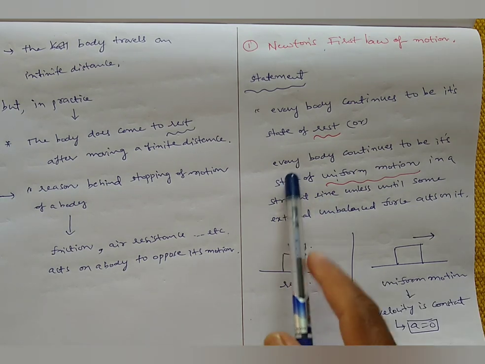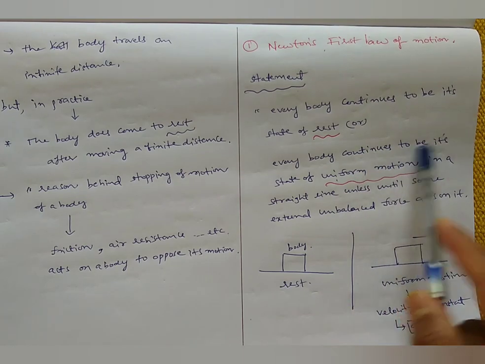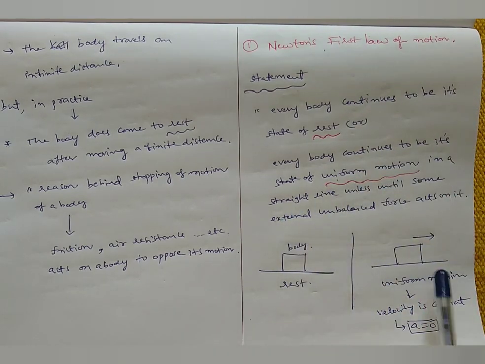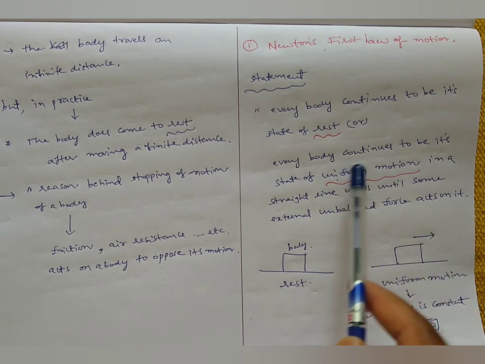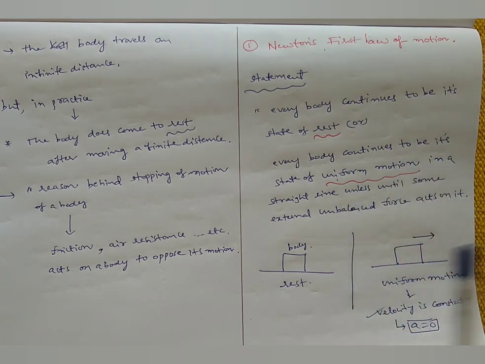So now what is the statement? Every body continues to be in its state of uniform motion. Suppose if the body is already in a uniform motion, so this body is already moving with constant velocity, then it always continues to be in the same state unless if you apply some other external forces on this body.